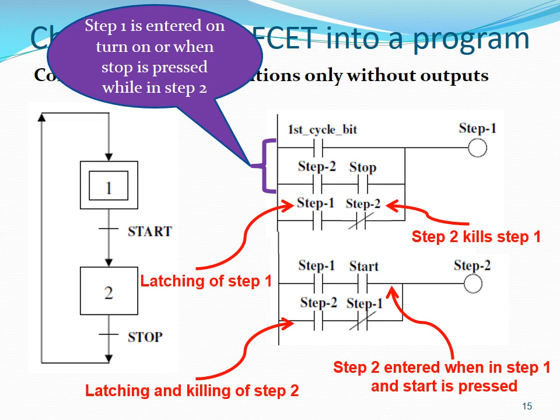In other words, step 2 is killed whenever we go into step 1, and step 1 is killed whenever we go into step 2. Thus, we have generated a program that sequences the 2 steps.